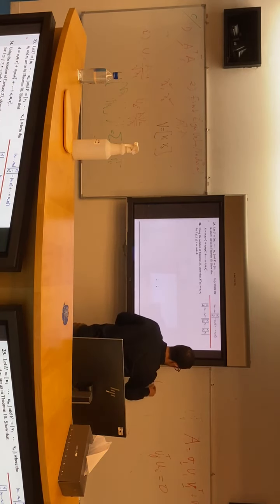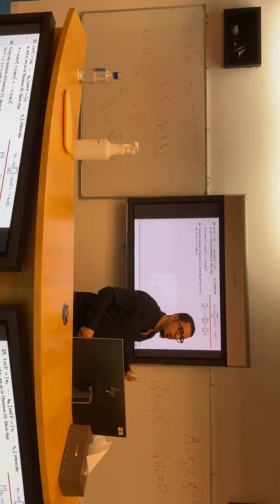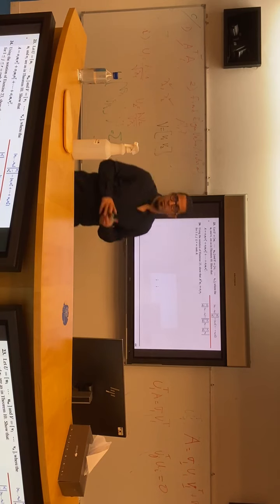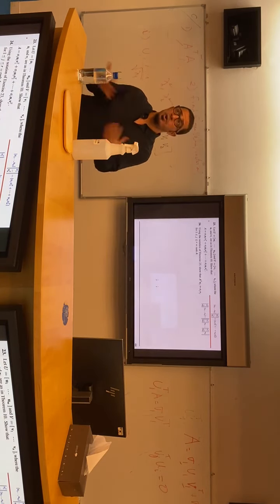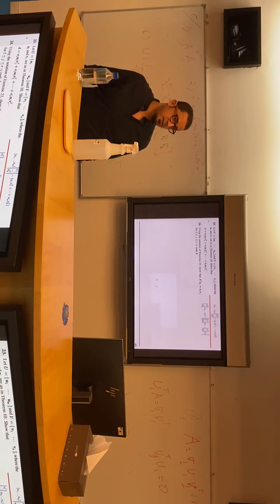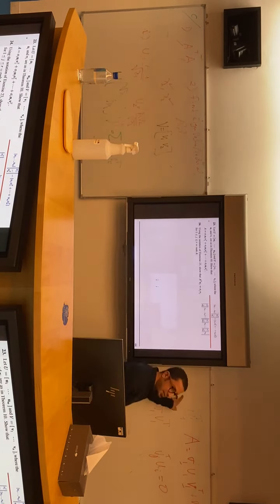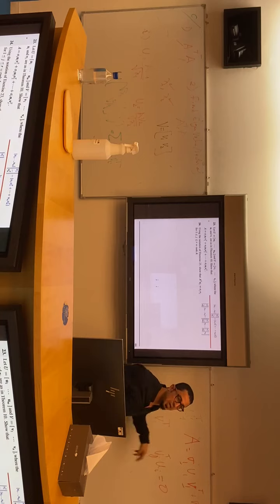U1T times A is just sigma 1 V1T. I do it for 1, for 2, for 3, for i, the same way. We are using orthogonal bases to make it easier for us. We multiply from the left or right side? From the left, because this one is constant, it doesn't matter. When it is a value, we can take it as a common factor.